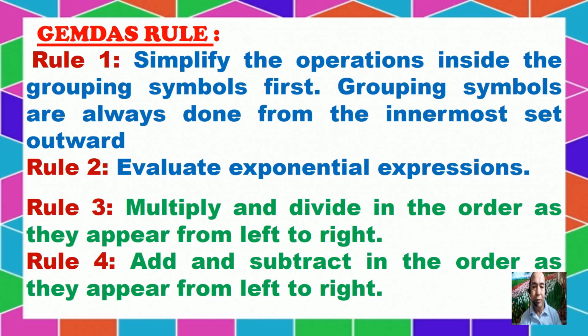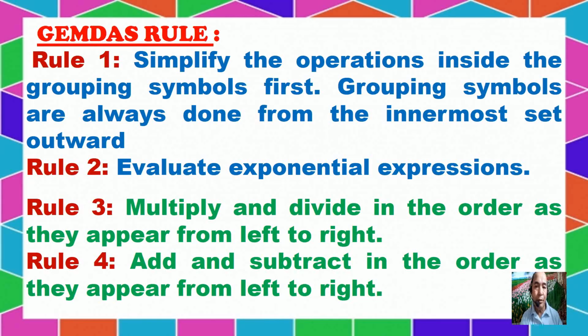Okay, let's go to rule number 4. The same is true with rule number 4: addition and subtraction in the order as they appear from left to right. Again, what does it mean? Whatever operation comes first will be performed. If subtraction comes first, then we will perform subtraction. If addition comes first, then we will perform addition.